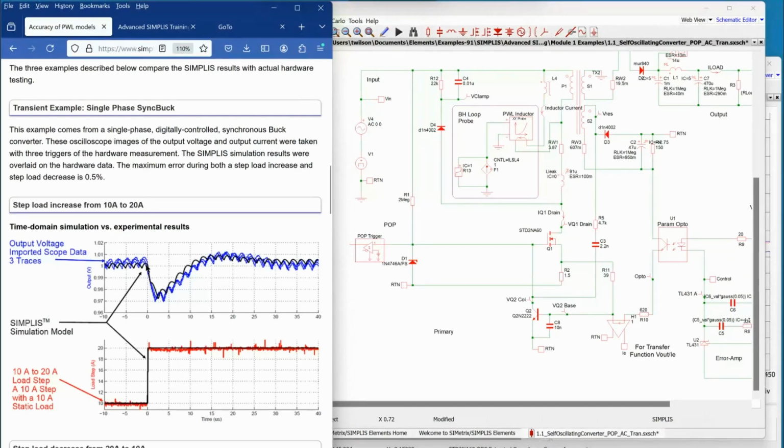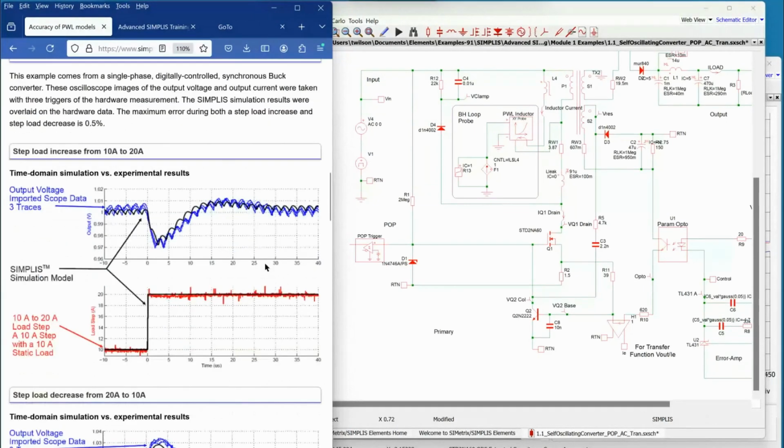In any event, if we look at the maximum error, it's about half a division, which at 10 millivolts per division is 5 millivolts out of a volt. So it's in the 0.5% range of what the circuit is actually doing.